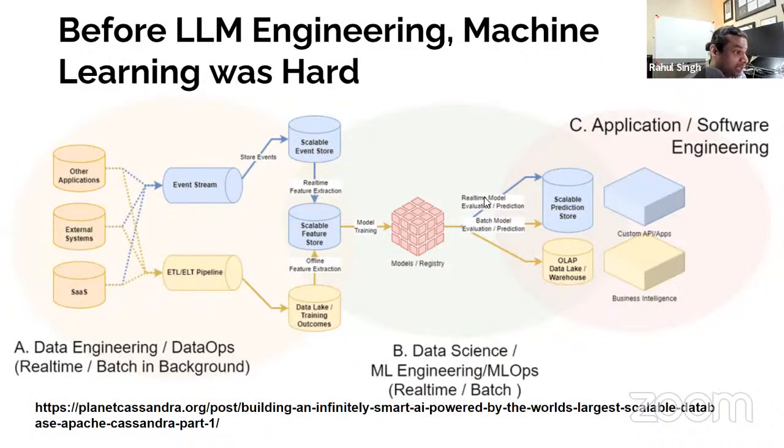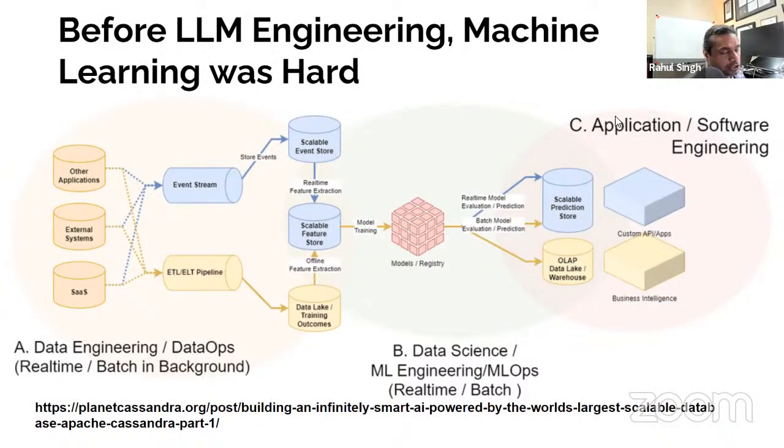And that requires real world machine learning engineering, MLOps knowledge. And that can be done in real time or in batch. And then after you have a model that's trained, and it can't be trained all the time, but you train it every so often, you then have to store the model somewhere. That's your model registry.